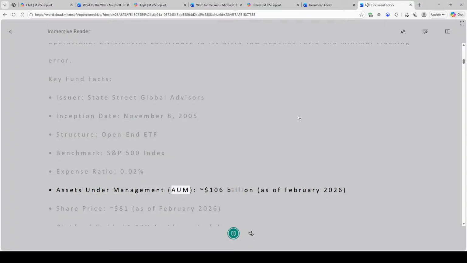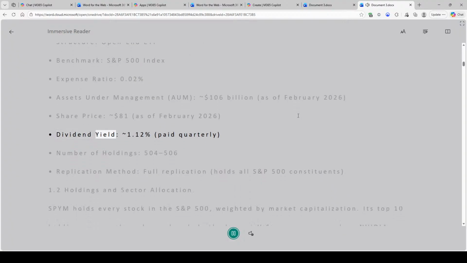Assets under management, AUM $106 billion, as of February 2026. Share price, $81, as of February 2026. Dividend yield, 1.12%, paid quarterly. Number of holdings, 504 to 506. Replication method, full replication, holds all S&P 500 constituents.